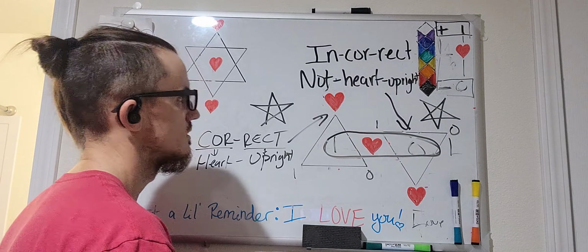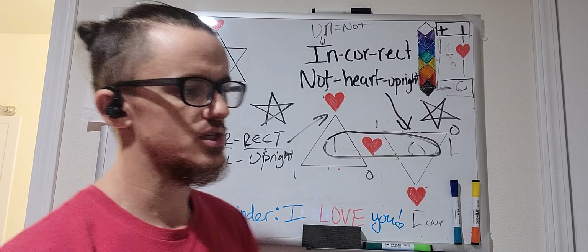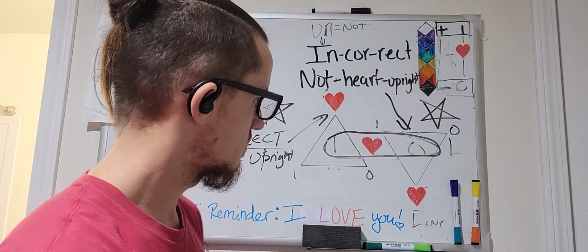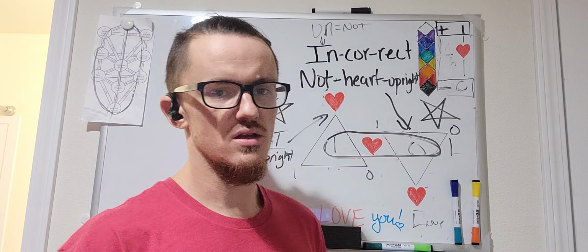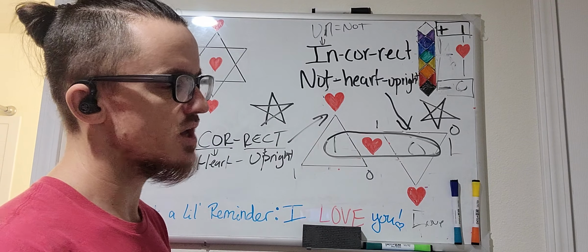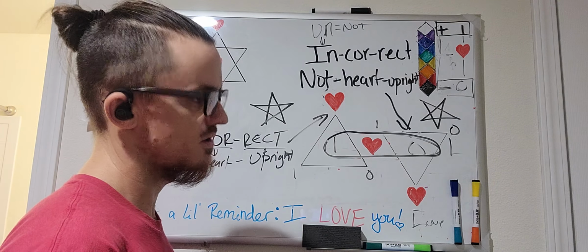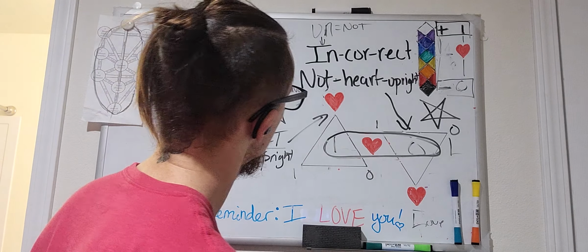So, incorrect would be uncorrect. This is the same concept as independence. You're not saying you are in a state of dependence. What you are saying when you say independence is undependence, as in not in a state of dependence.